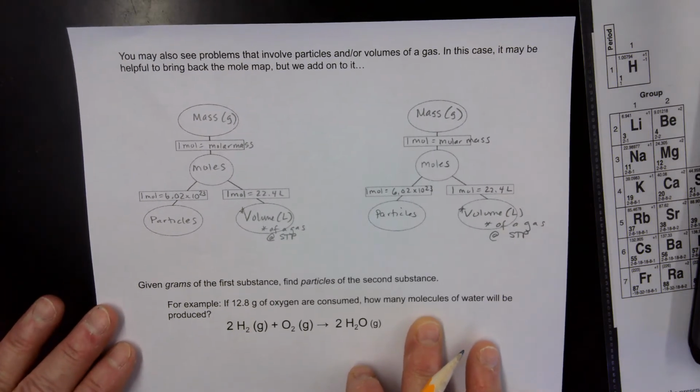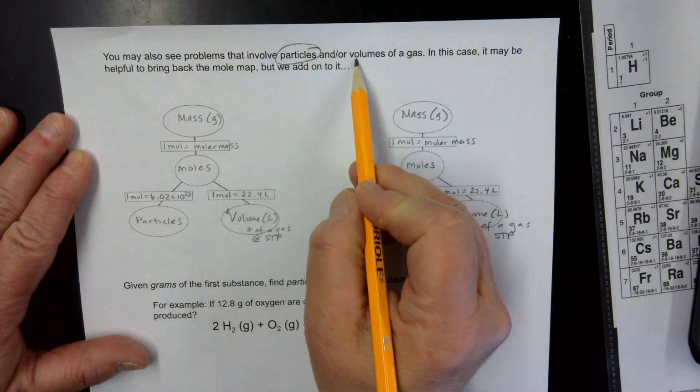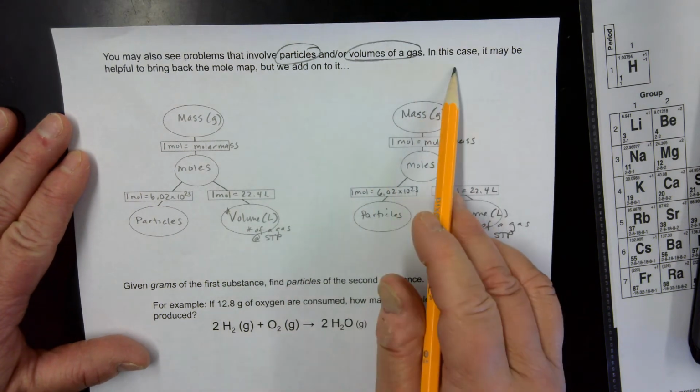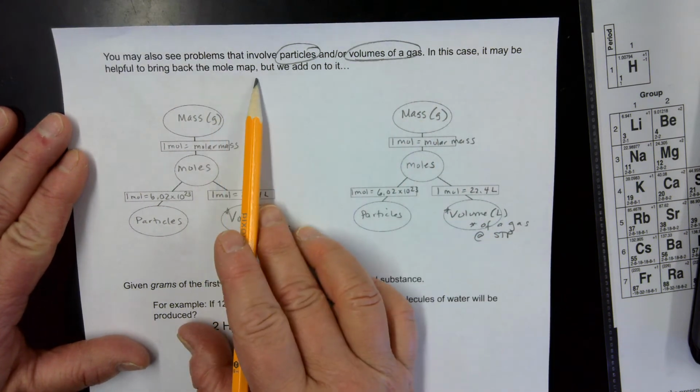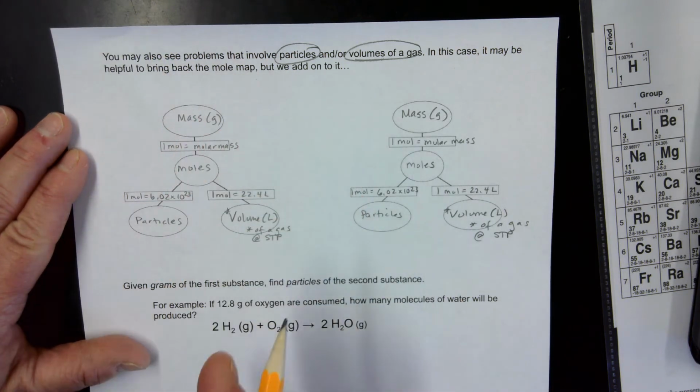You may also see problems that involve particles and or volumes of a gas. In this case, it may be helpful to bring back the mole map, but we're going to add to it. You might notice in these problems, we always have 2 substances from a chemical reaction. You're given a quantity of one substance, and you're being asked to convert it to a quantity of a different substance.